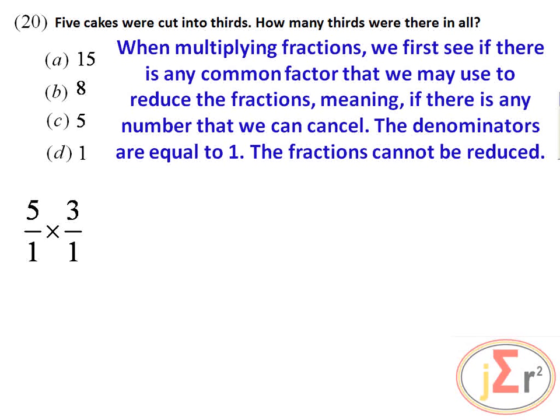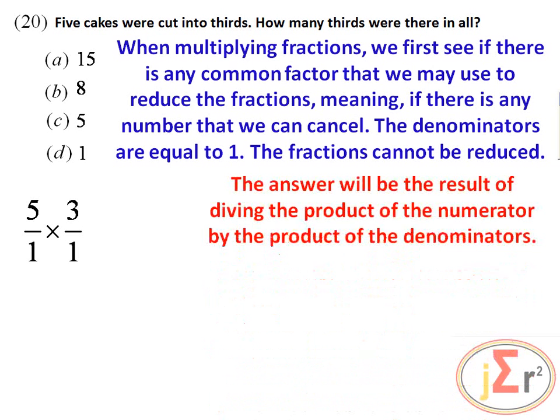When multiplying fractions, we first see if there is any common factor that we may use to reduce the fractions, meaning if there is any number that we can cancel. The denominators are equal to 1. The fractions cannot be reduced. The answer will be the result of dividing the product of the numerators by the product of the denominators.